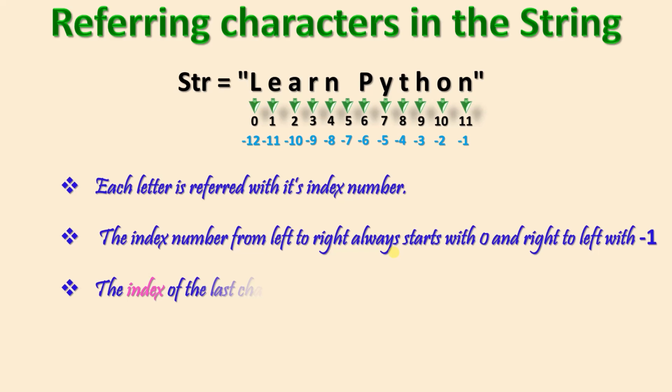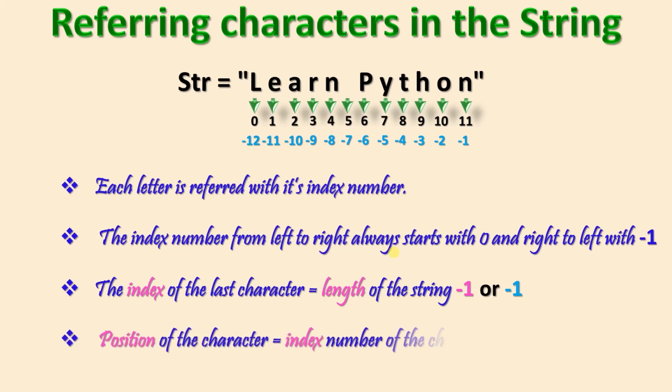So the index number of the last character is the length of the string -1 if you take it from left to right. The total length will be 12 here, 12 characters are present here, and the last index number is 11 as it starts from 0. If you are counting from right to left, then it will be -1.